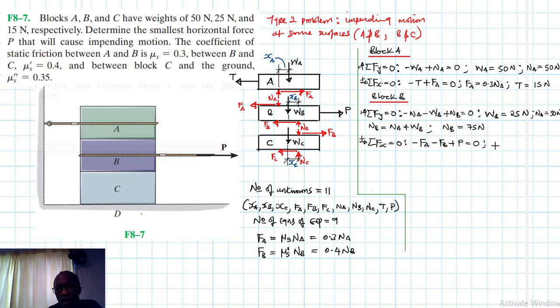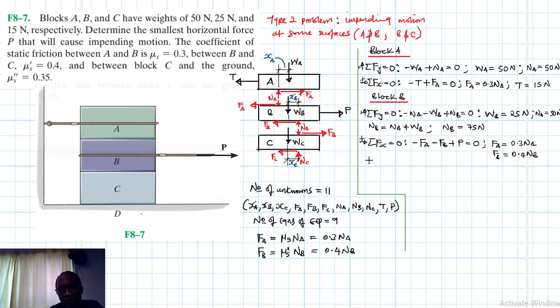And then we know that our FA is equal to 0.3 NA and our FB is equal to 0.4 NB.